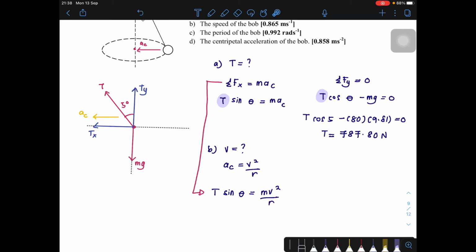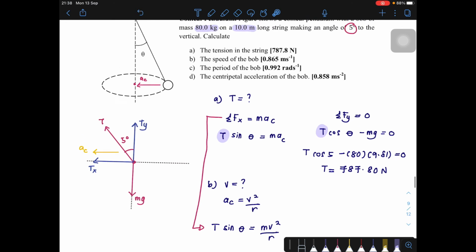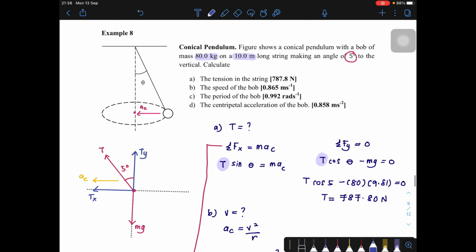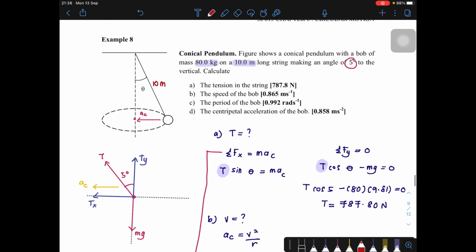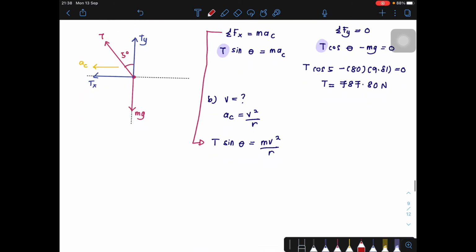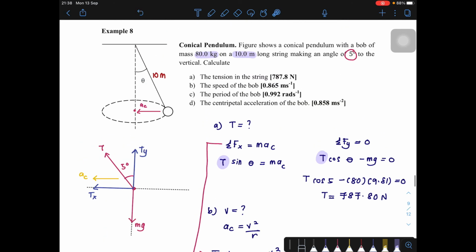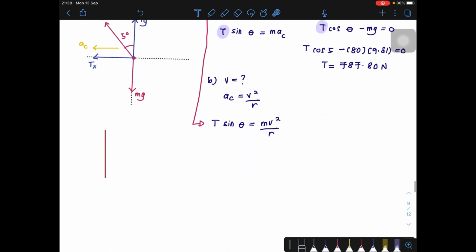Okay, v is what we want, theta is 5 degree, and radius here. Okay, we need to find the radius dekat sini. This one, from here to here. Kita kena cari radius dahulu because we are not given. So 10 meter yang kita dibagi ni adalah the length of the string, which is this one. This is 10 meter. So how do we find the radius? Okay, so since kalau kamu tengok kan, this one it actually makes a right angle triangle.